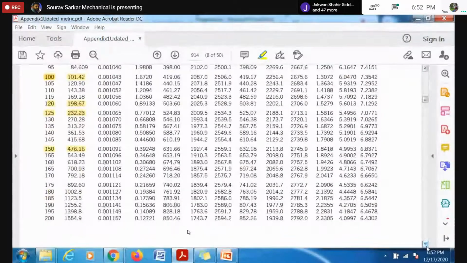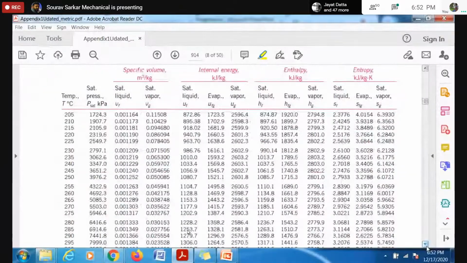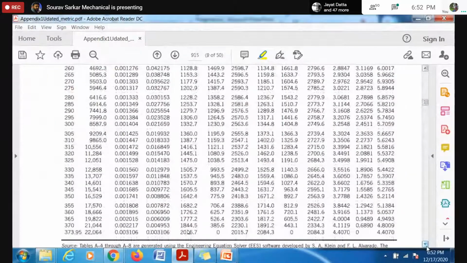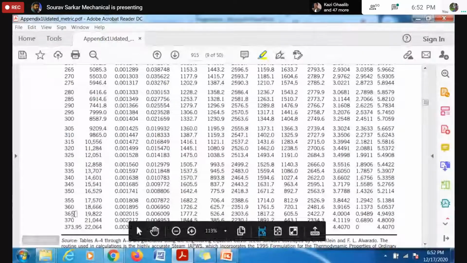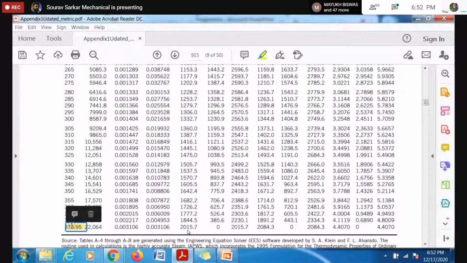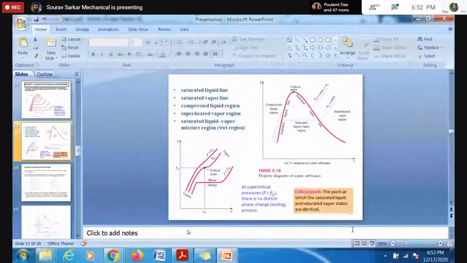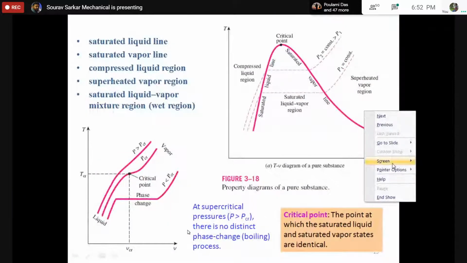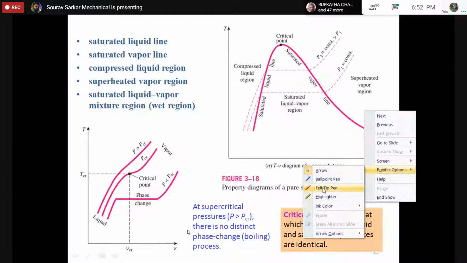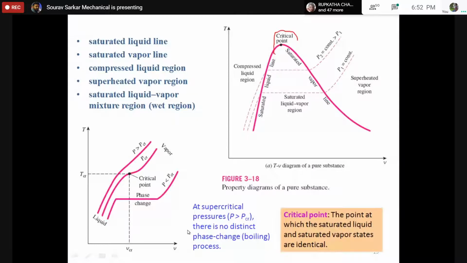Yeah, that is the temperature of the critical point. I told you in the first class of this phase change that there is one temperature that is called the critical point. After that, there is no phase change. Can you recollect this? Good question. If you look at this point, this is 373.